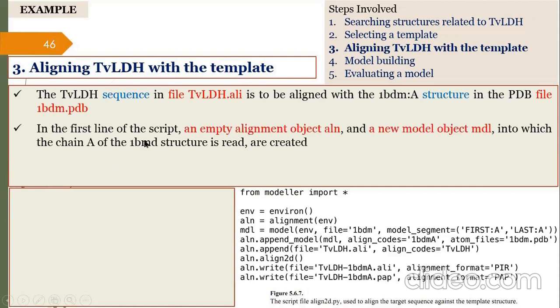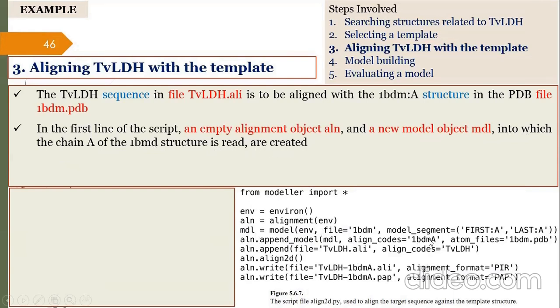In the first line of the script, an empty alignment object, aln, is introduced, and a new model object, mdl, is created, into which chain A of the 1BDM structure is read.